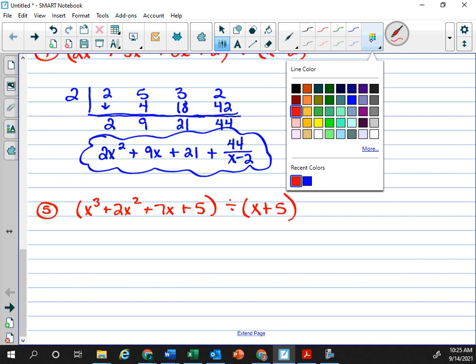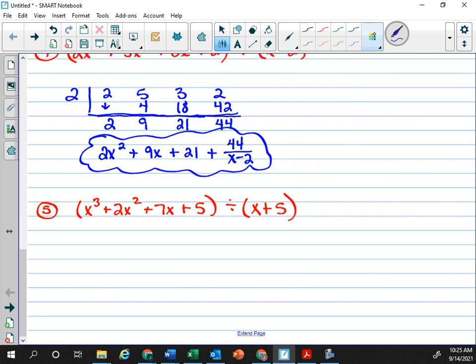All right, so most common mistake I saw was just in the setup. Remember, it's what would make this 0 that goes on the outside, so it's not a positive 5 this time, it's a negative 5. And then I can do the coefficients.